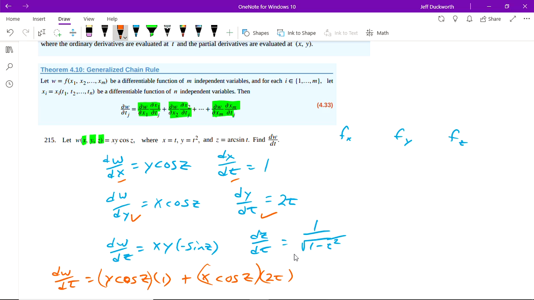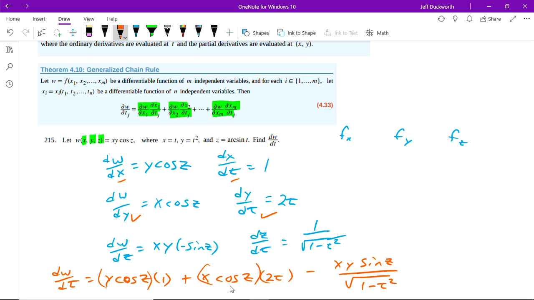That's this one and this one. And finally, plus, we can just do this as a negative. So minus, we've got a fraction over here, so I'm just going to say minus x y sine of z all over root 1 minus t squared.